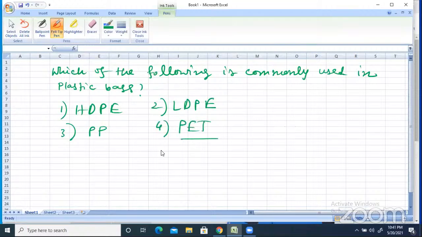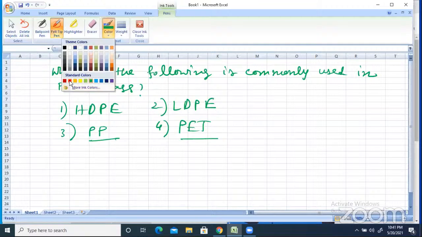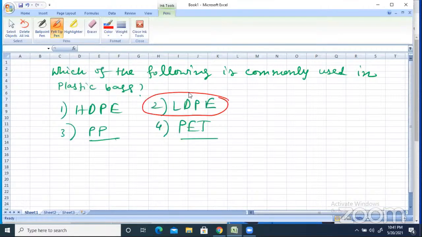Obviously this is not PET, and not PP either. Between HDP and LDP, it is LDP. Yes. It is used for film wrapping purposes and its strength is very low. Low density polyethylene, and this is high density polyethylene. So LDP is used for plastic bags generally. Where is HDP used, sir?